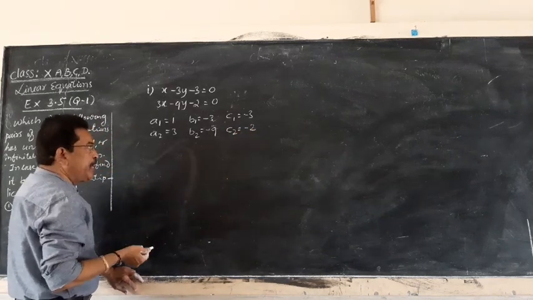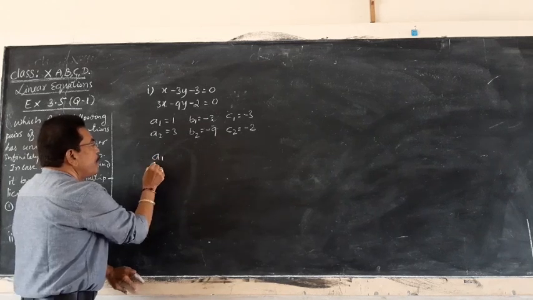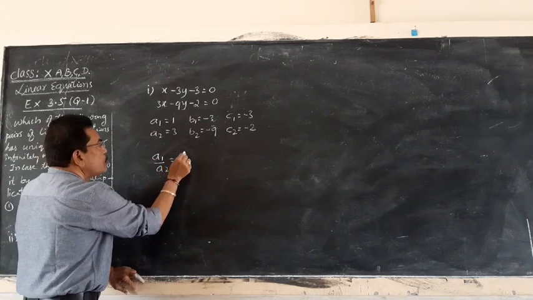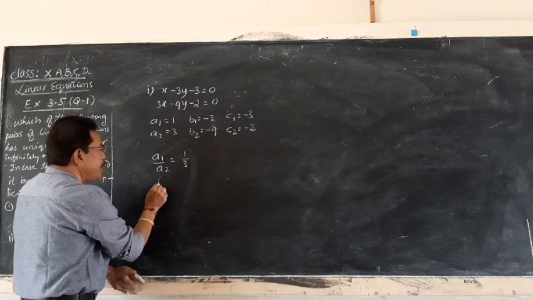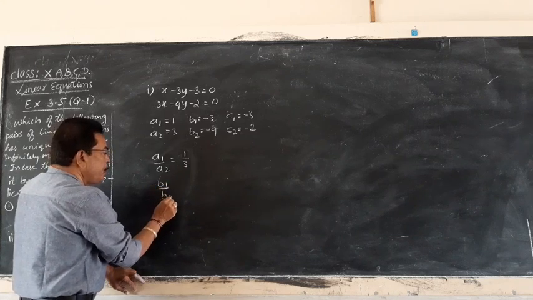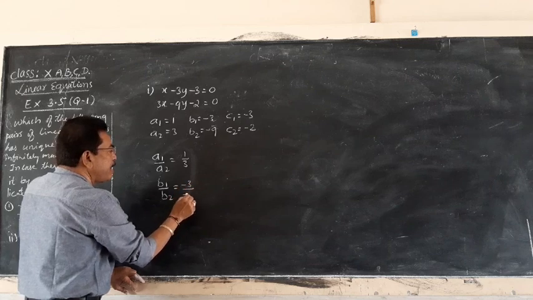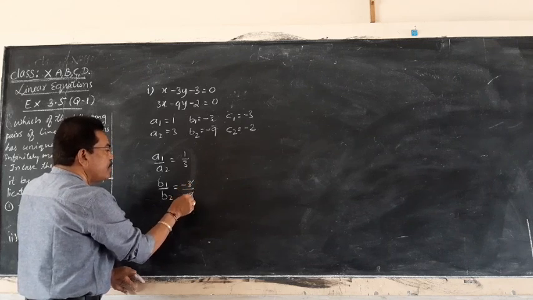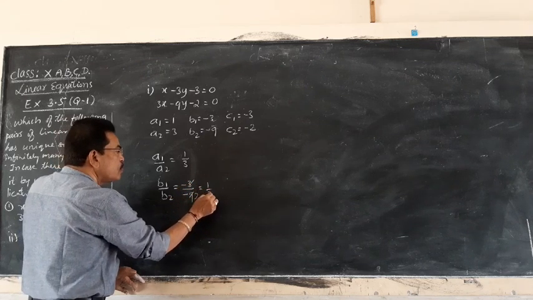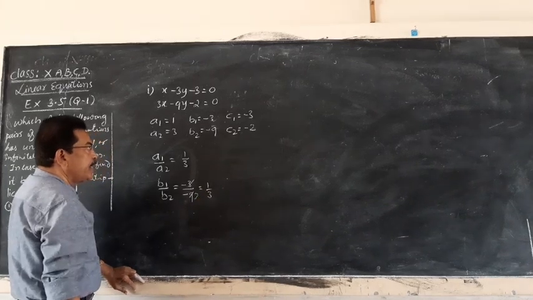Let us compare the ratios. a1 by a2 equals 1 by 3, b1 by b2 equals minus 3 by minus 9, that is 1 by 3.